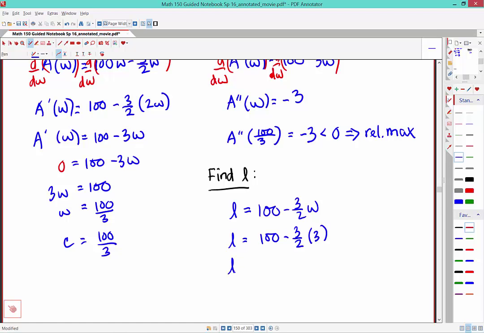We will get that our length is 100 minus, oh no, my bad, we're not doing W is 3, we're doing W is 100/3. So this is going to yield a result of 50, and so our length would be 50.